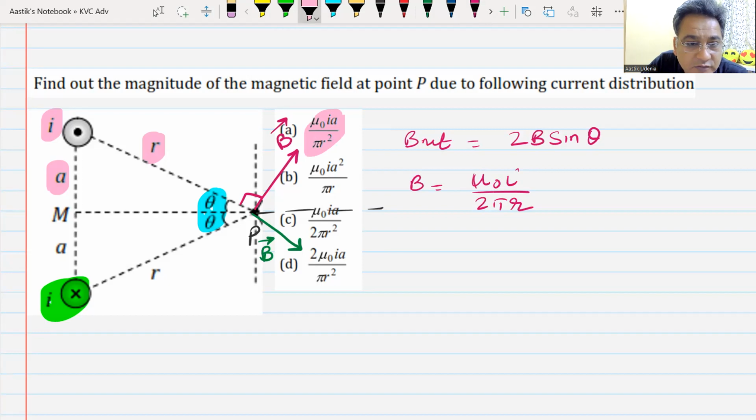I'll give you one more on the same scenario so that you can understand the entire concept and become confident in it. So this is the next question that I am getting for you.